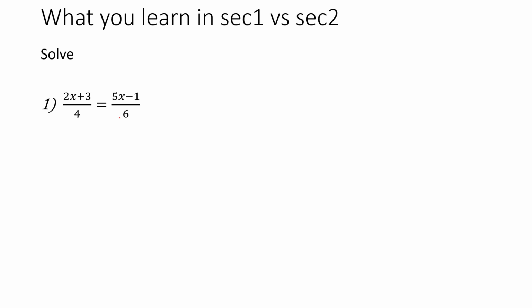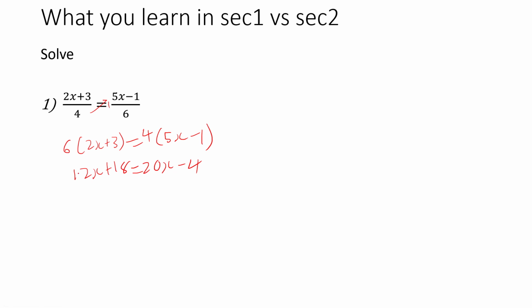So what I will get is 6 times 2x plus 3 is equals to 4 times 5x minus 1. What I will get is 12x plus 18 equals 20x minus 4.